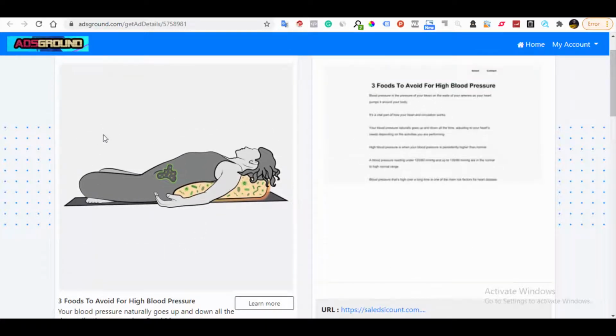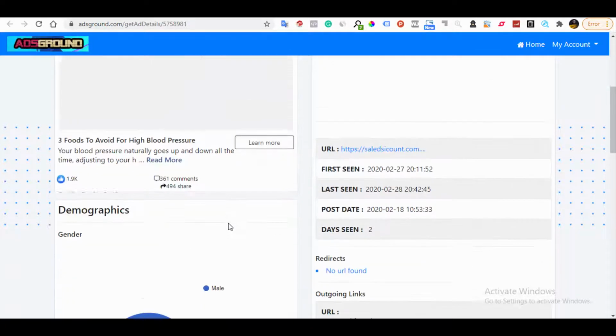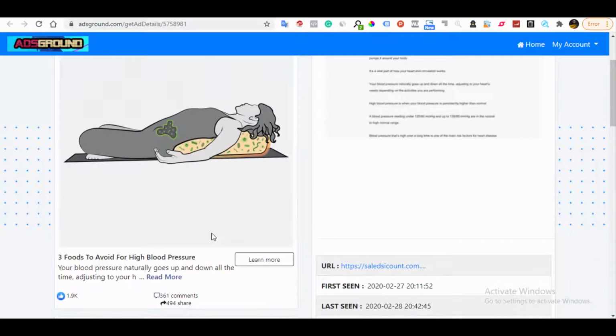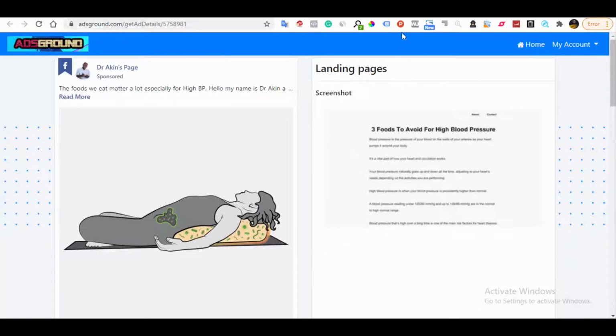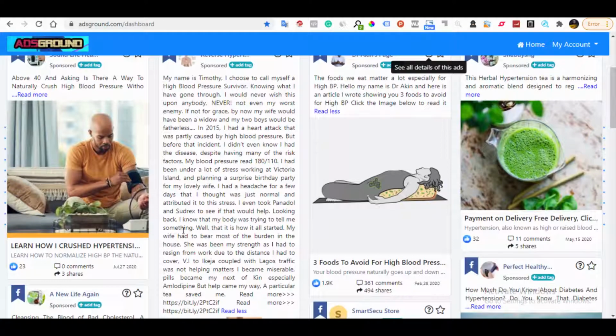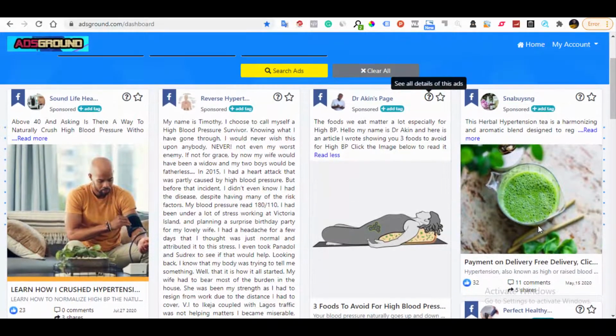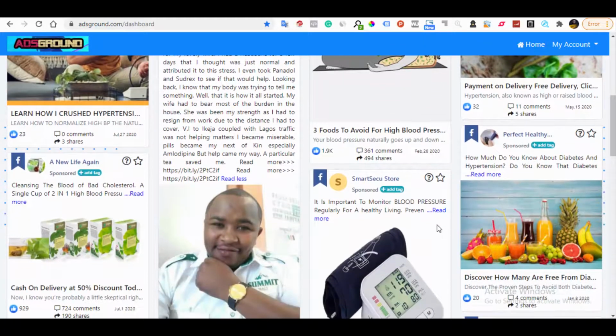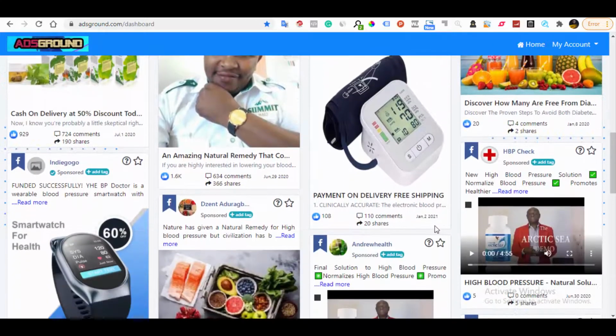I really love this image that they are making use of right here. This gives you an idea into the kind of messaging that your competitors are using, how they structure things, and who they are targeting. That gives the kind of creatives that people are responding to in the market.